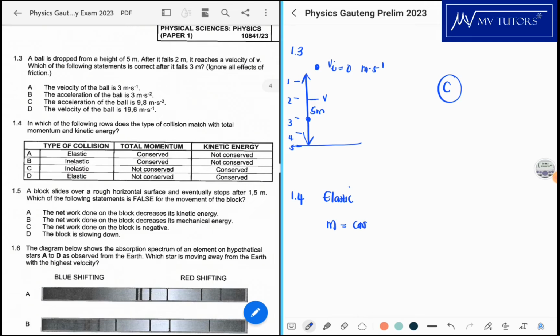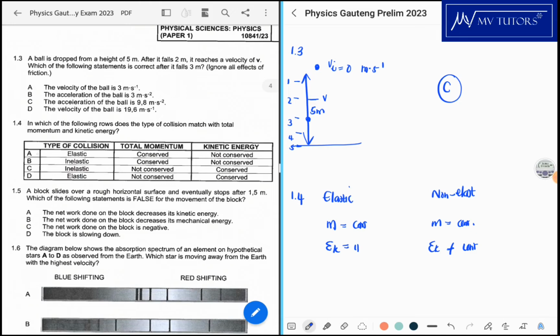And we also know that the total kinetic energy is conserved as well. So kinetic energy is conserved. But when it comes to inelastic collision, we know that linear momentum is conserved, but the total kinetic energy is not conserved. So if you know that, you're going to go to that table and see which one is applicable.